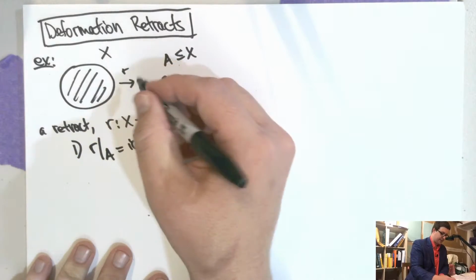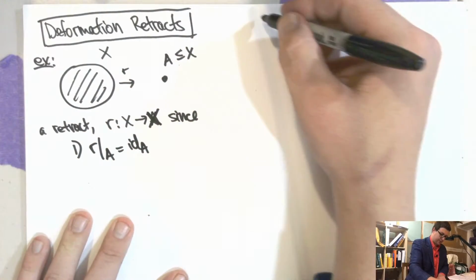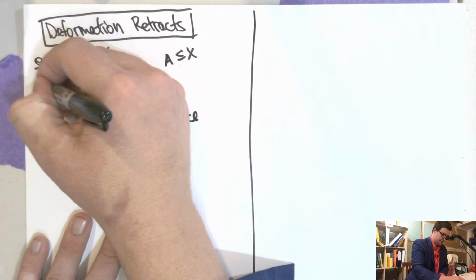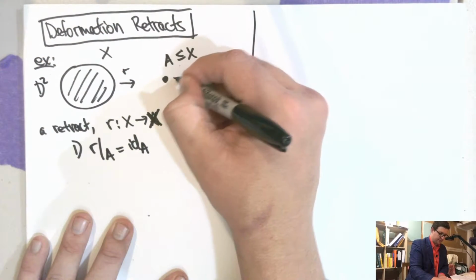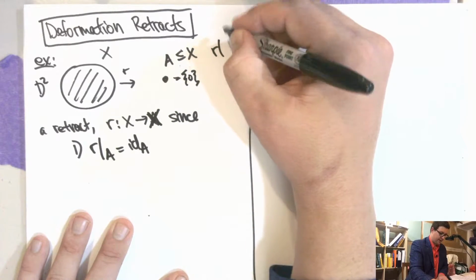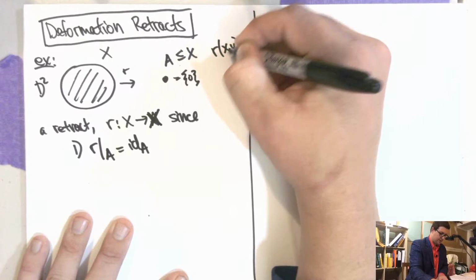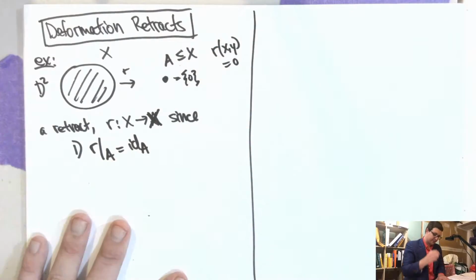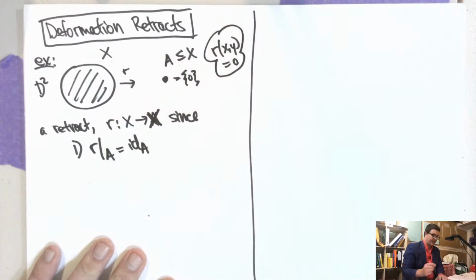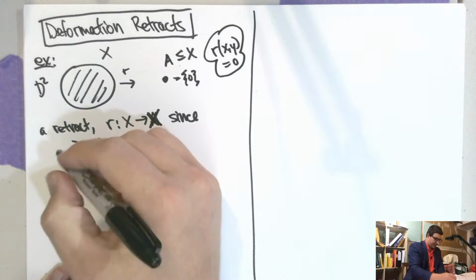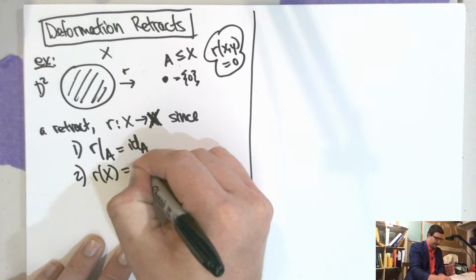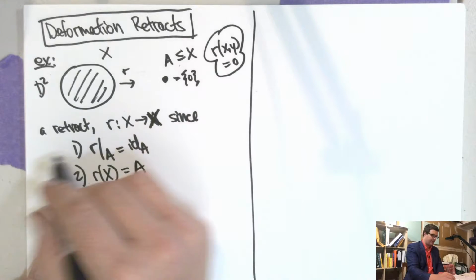To be completely concrete, this is D2, and this is the point 0, and then R of (x, y) is just (0, 0), right? And we also need that R of X is equal to A. So this is what a retract was.